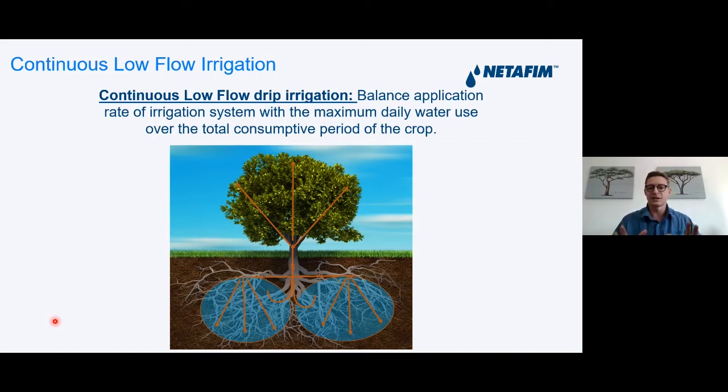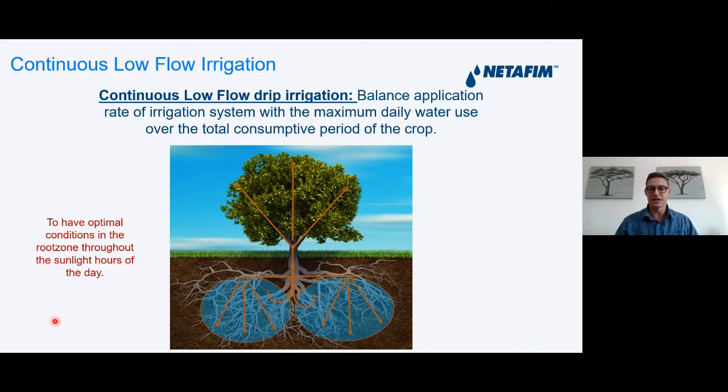Because for me, this is the slide that basically sums up low flow drip irrigation. What we are trying to create within the root zone is to simulate optimal conditions in the root zone throughout the sunlight hours of the day. Why are we trying to do this? Because we are trying to create the maximum potential for the tree to produce a good crop or a good yield at the end of the day.